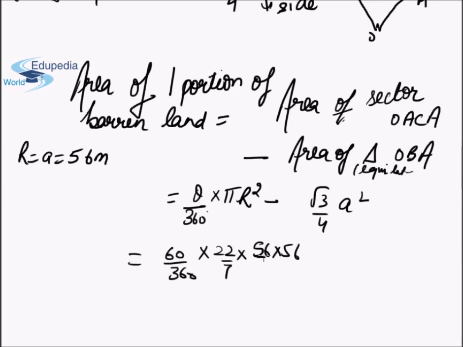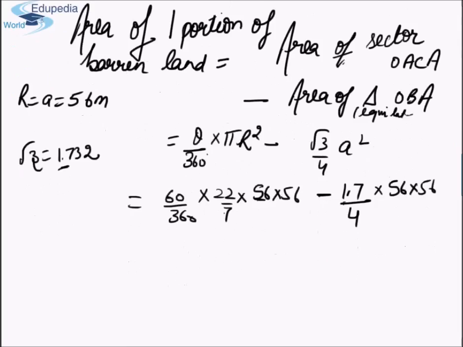So 56 is a multiple of 7, which will be easy to cancel, and hence to simplify the situation we have taken pi as 22 by 7, minus, friends, the value of root 3 is 1.732. For simplification, we can simply take this value as 1.7, over 4 into 56 into 56.